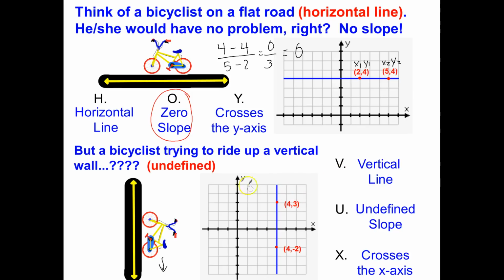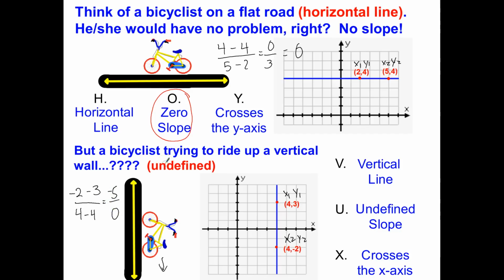Undefined slopes are vertical lines. We remember this by the acronym VUX, V-U-X. Looking at our formula, x sub 1, y sub 1, x sub 2, y sub 2, we can use the formula to find the slope. So negative 2 minus 3 over 4 minus 4 is negative 5 over 0.